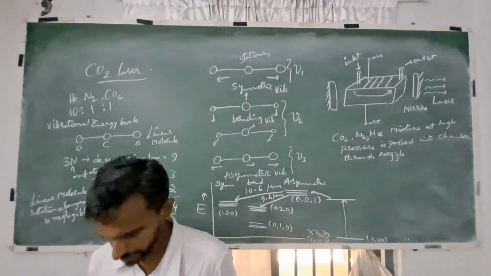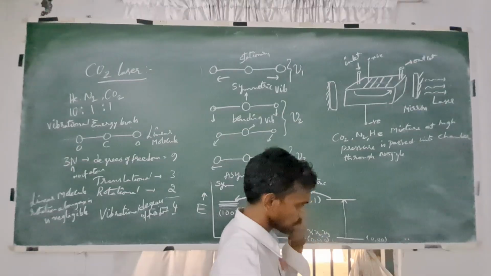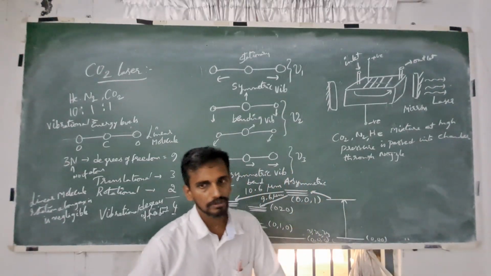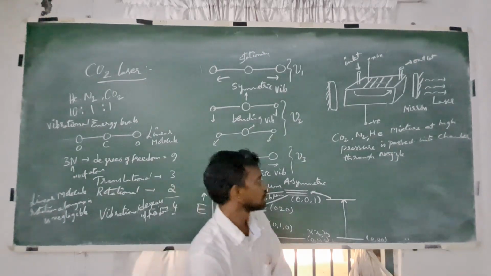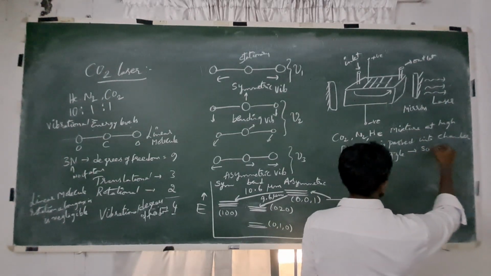High pressure mixture of CO2, N2 and He is passed through the chamber through a nozzle. So the gases expand and temperature falls down.